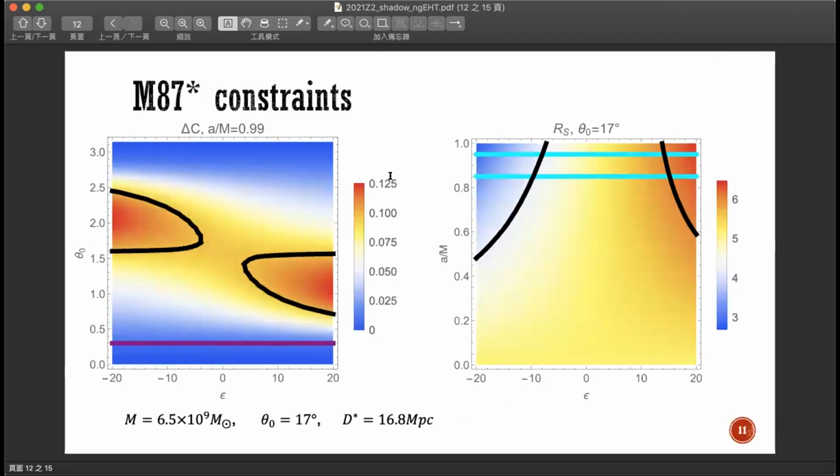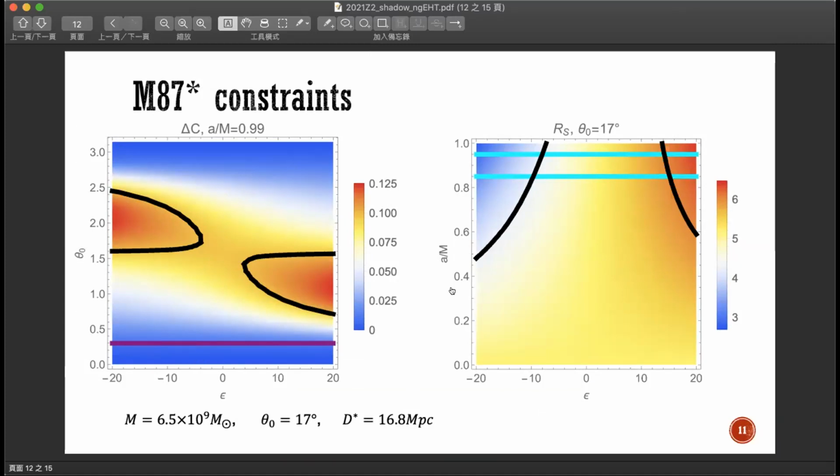If you look at the figure on the left, this shows the profile of the non-circularity in the parameter space. If we fix the inclination angle to be 17 degrees, following this purple line, we find that the non-circularity is always very small in this parameter space, irrespective of the value of epsilon.